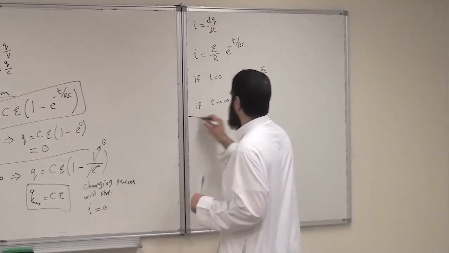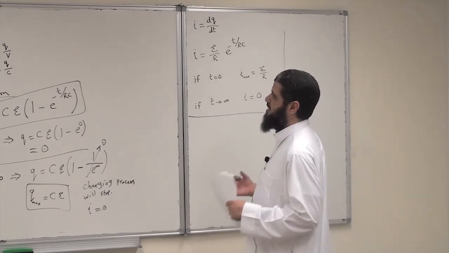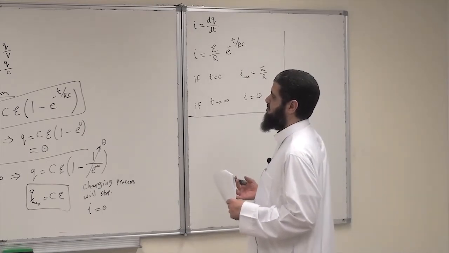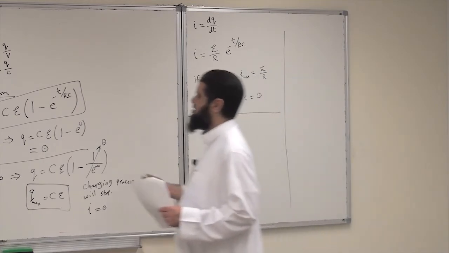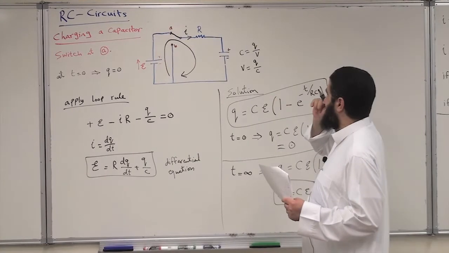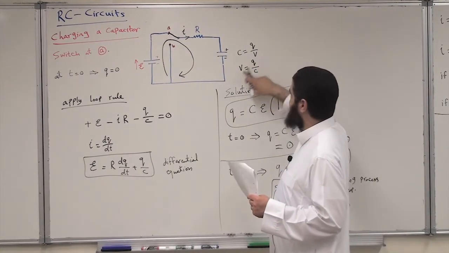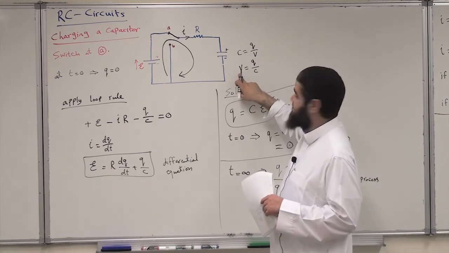If you would like to find an equation to get an idea about the electric potential across our capacitor, what happens to V? We know that at the very beginning V equals Q over C, but Q was 0, so V will be 0.